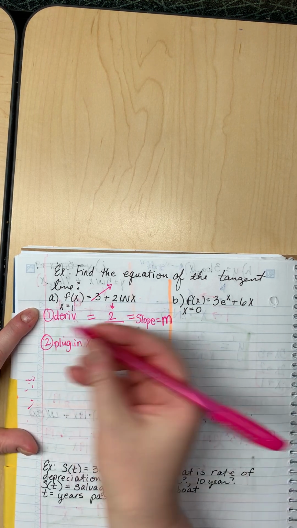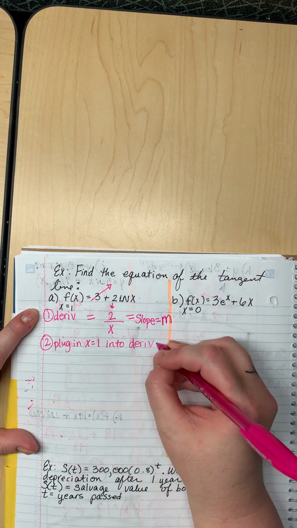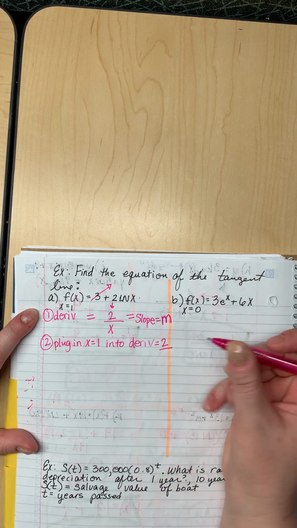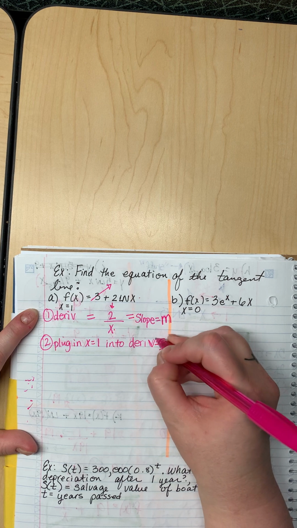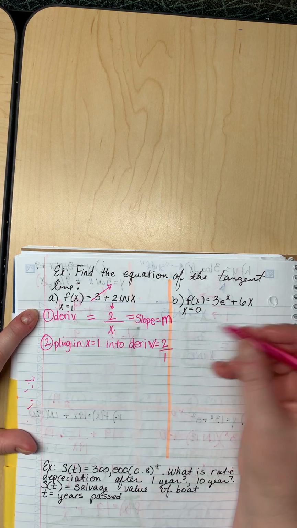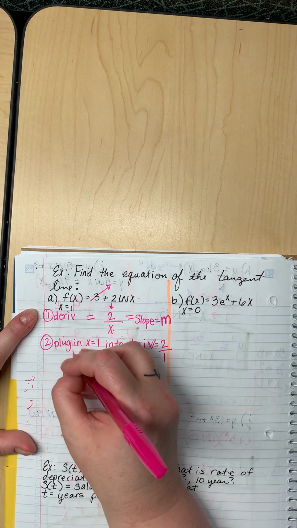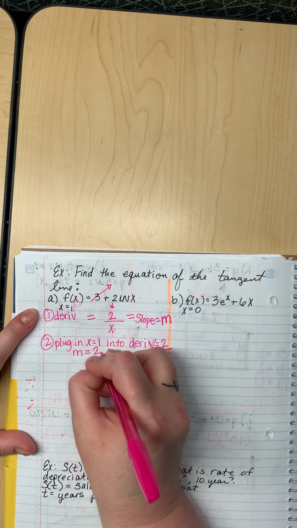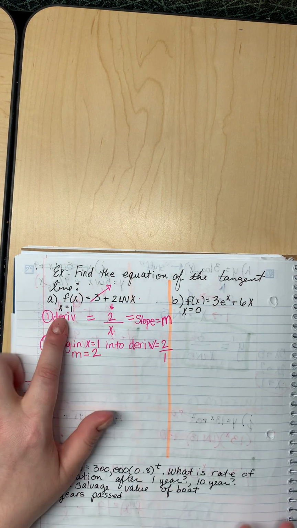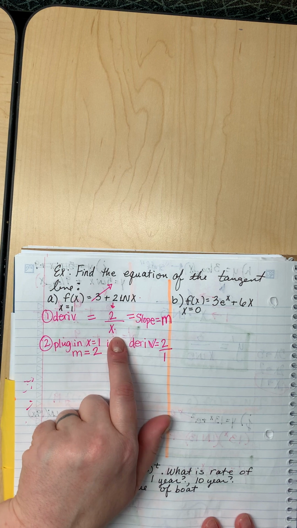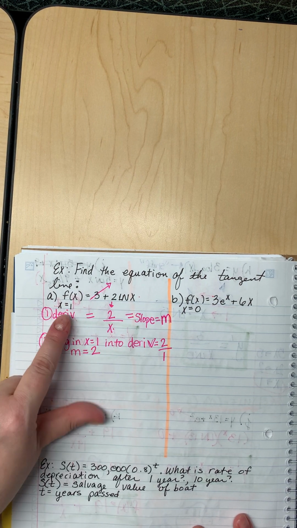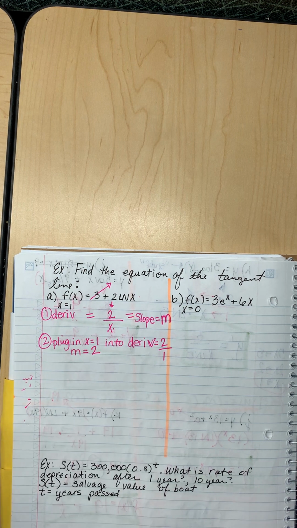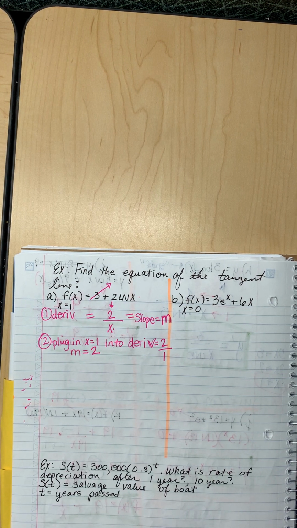So it's 2 over, instead of x, I'm plugging in a 1. And what's 2 divided by 1? Hey, that's just 2. So my m, or my slope, is 2. My derivative gave me the equation for my slope. Then I had to plug in whatever number they gave us for x to get the actual slope that's either a whole number or a fraction.